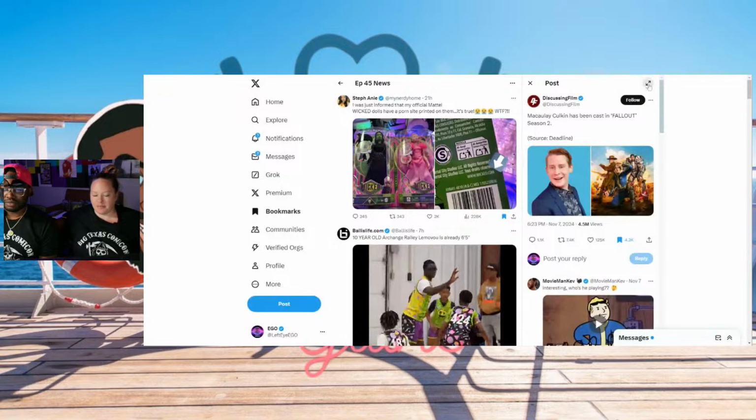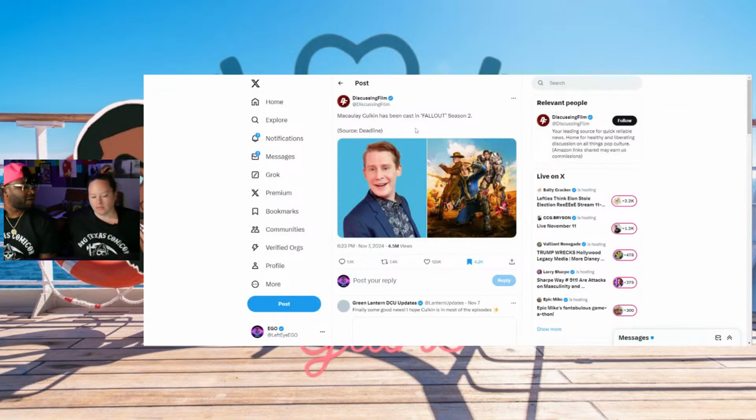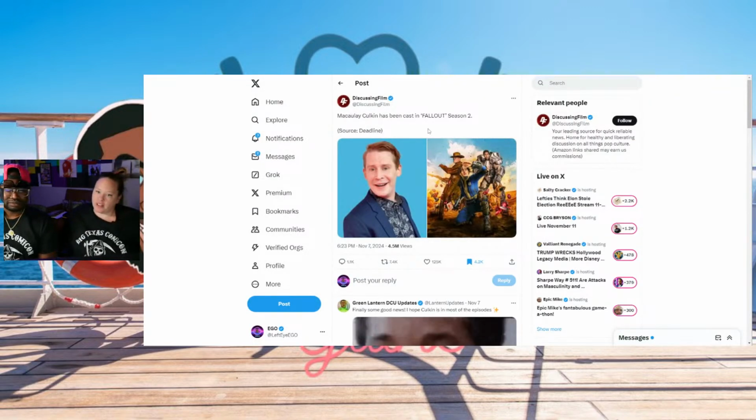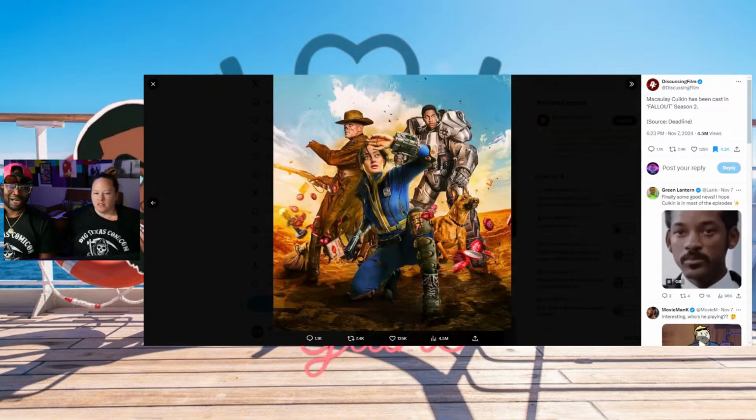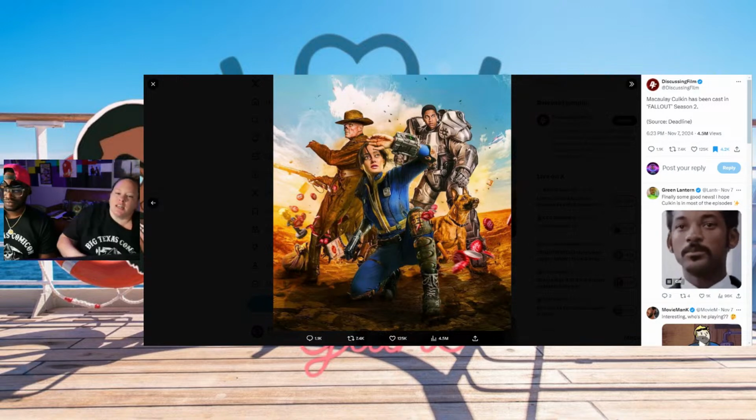So the other one, some good news. Macaulay Culkin will be on Fallout Season 2. Oh, yeah. That will be interesting. Do you think he's going to be a ghoul? No, he's not going to be a ghoul. I think he'll turn into one by the end of it. You think so? I do. I thought he was going to be one of these blue people from one of the vaults. Ooh, maybe. Because I feel like they need another one, and she's not going to stay with that dummy.